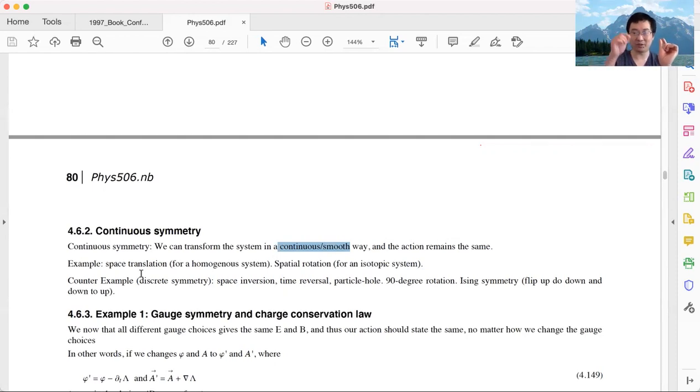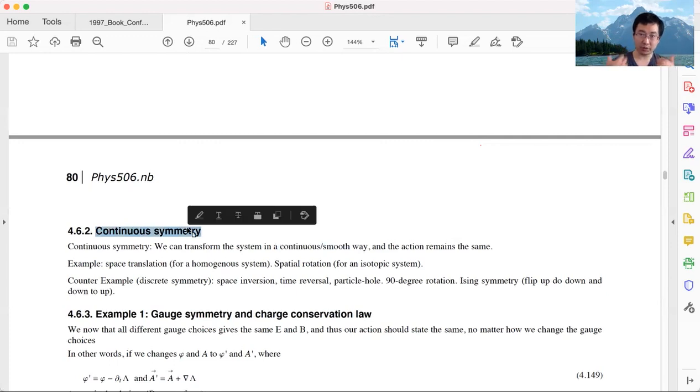I can do a 0.01 meter translation, or a 1 angstrom translation. In other words, there's no lower bound for my transformation. I can do a so-called infinitesimal transformation. The distance of my translation is a smooth and continuous variable. So that is called a continuous symmetry.